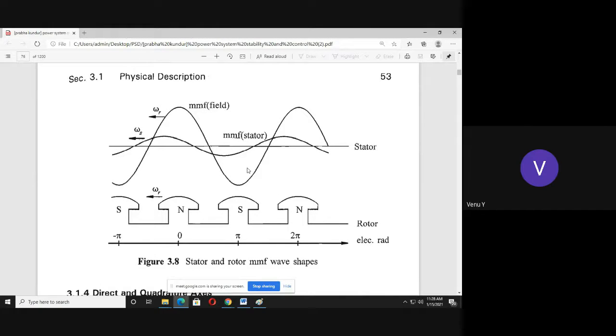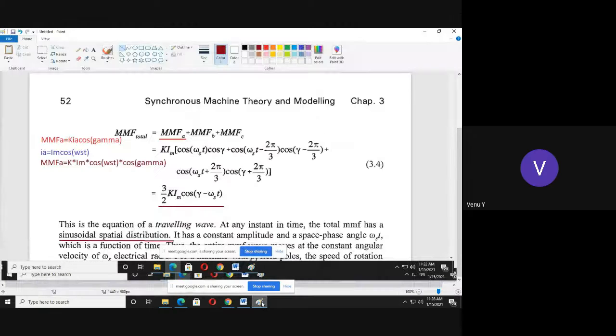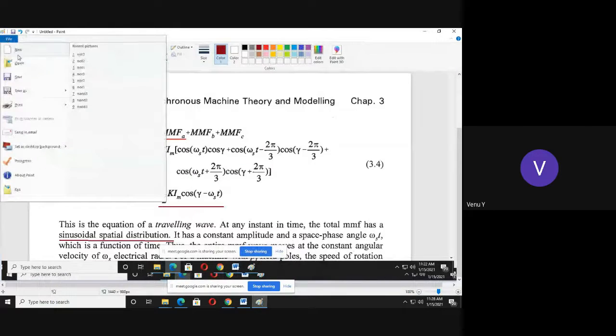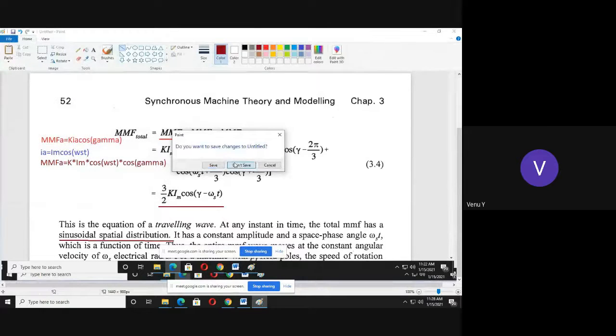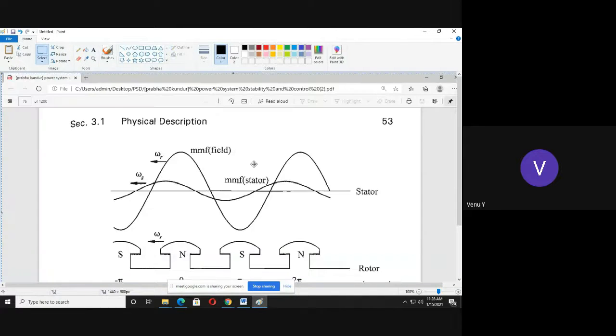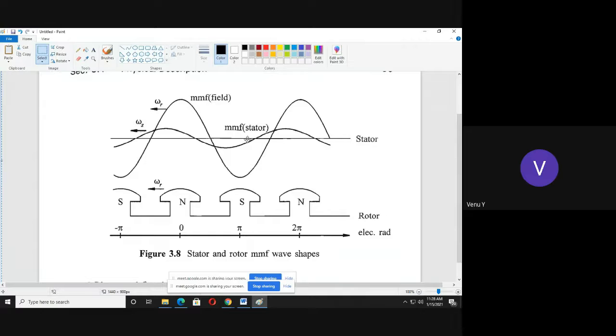So here these are the stator and rotor MMF wave shapes. This is a physical description. MMF of field, and the second one, MMF of stator. Field MMF.